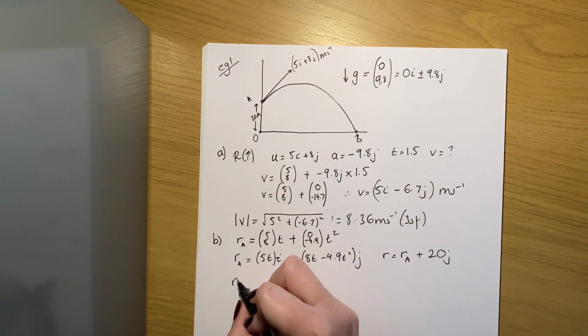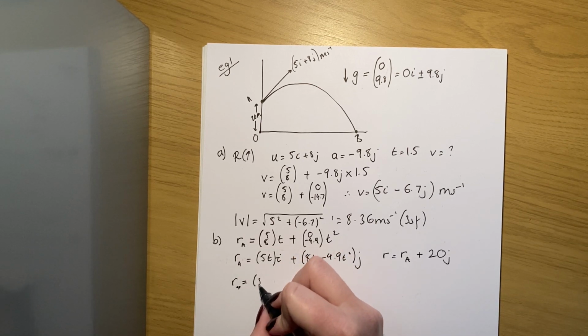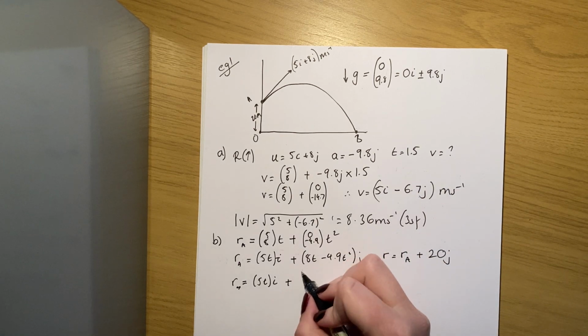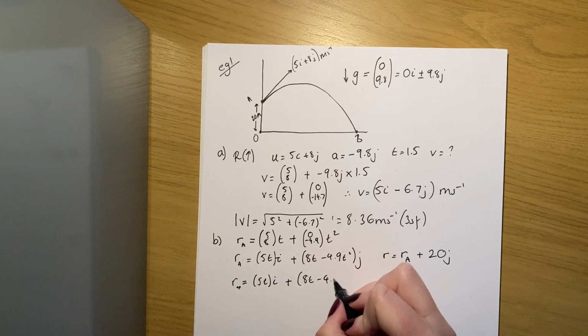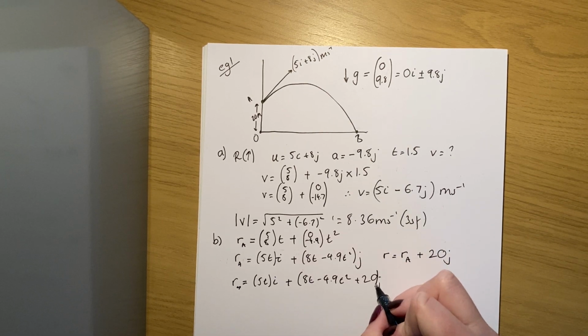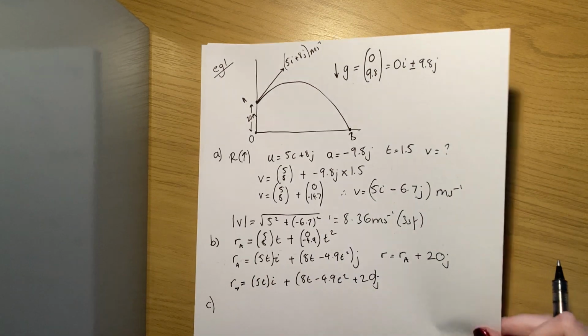Therefore r is equal to 5t i, because there are no additional parts added to the i component, plus 8t minus 4.9t squared plus 20 lots of j. So it's a very complicated expression, but it is an expression for the position vector r.